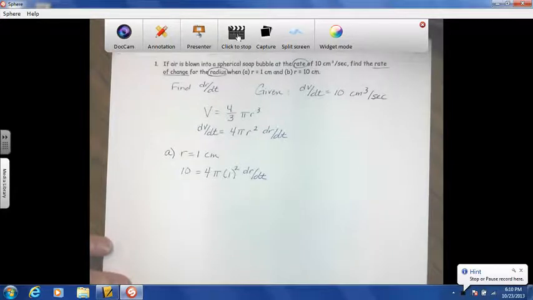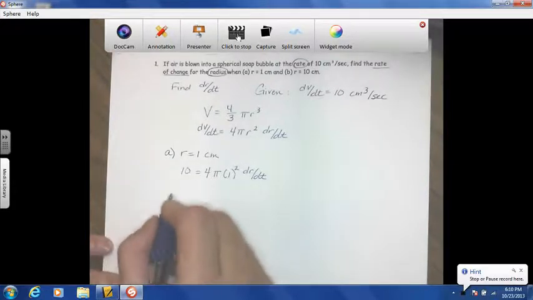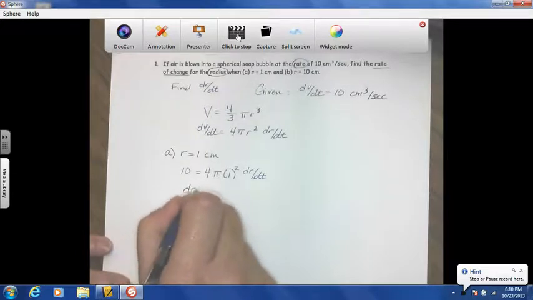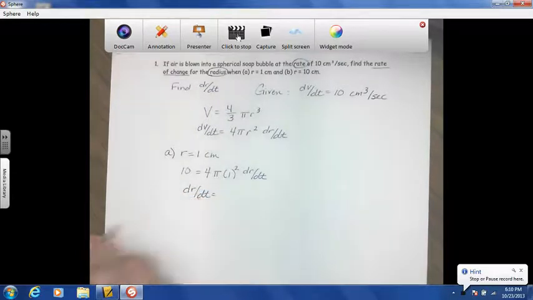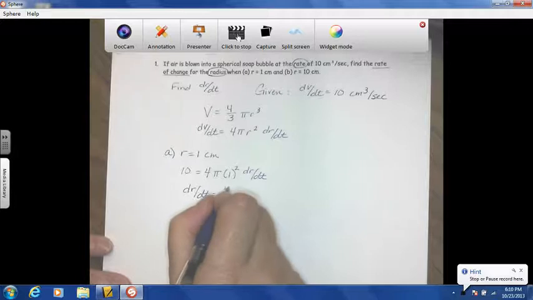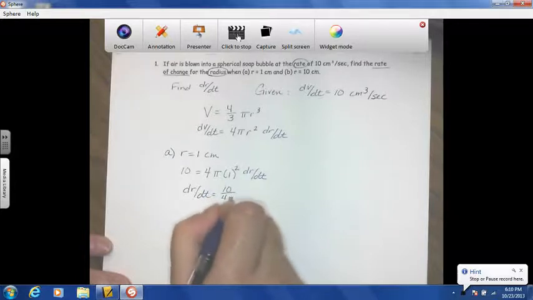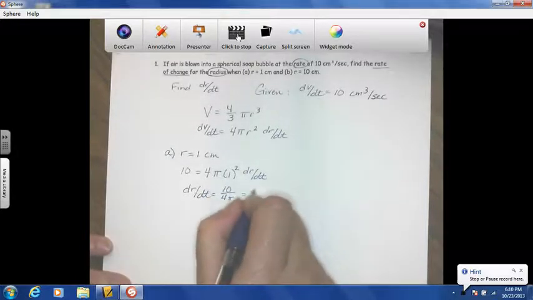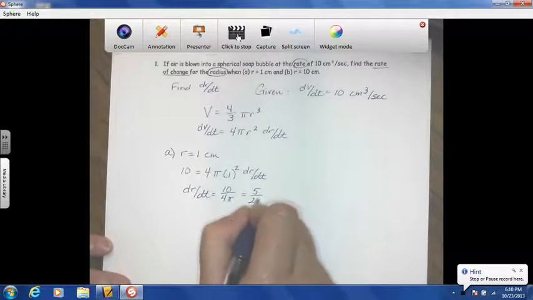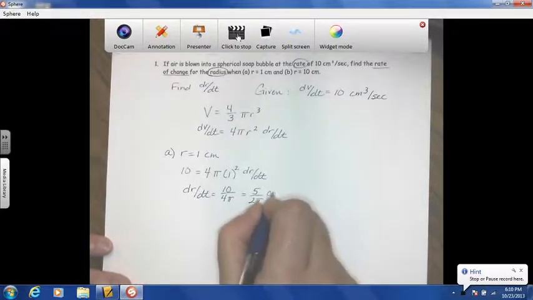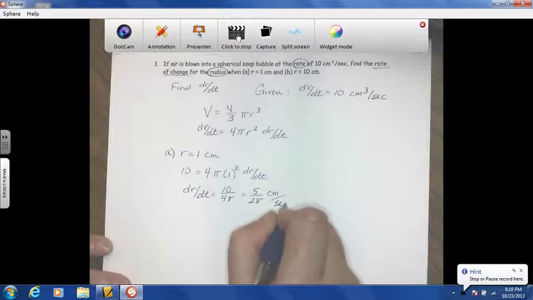Now we can divide both sides by the 4 pi, and we end up with our rate of change of the radius with respect to time is going to be 10 divided by 4 pi, which reduces to 5/2 pi centimeters per second.